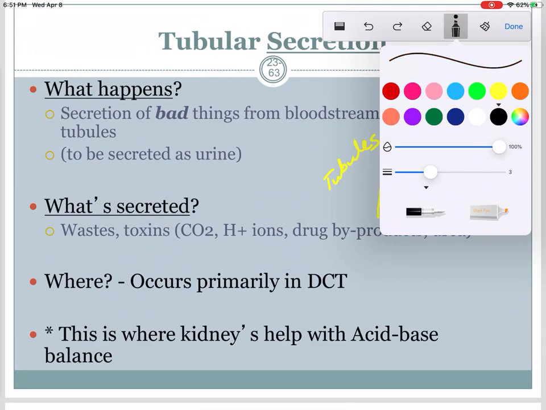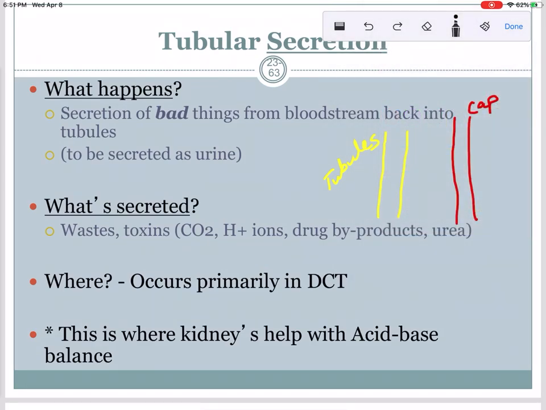And if you remember, in tubular reabsorption, we moved good things. So I'm going to put reabsorption: we put good things from the tubules back into the bloodstream. So the black arrows are tubular reabsorption. Apparently I can't spell at the same time as I'm thinking.